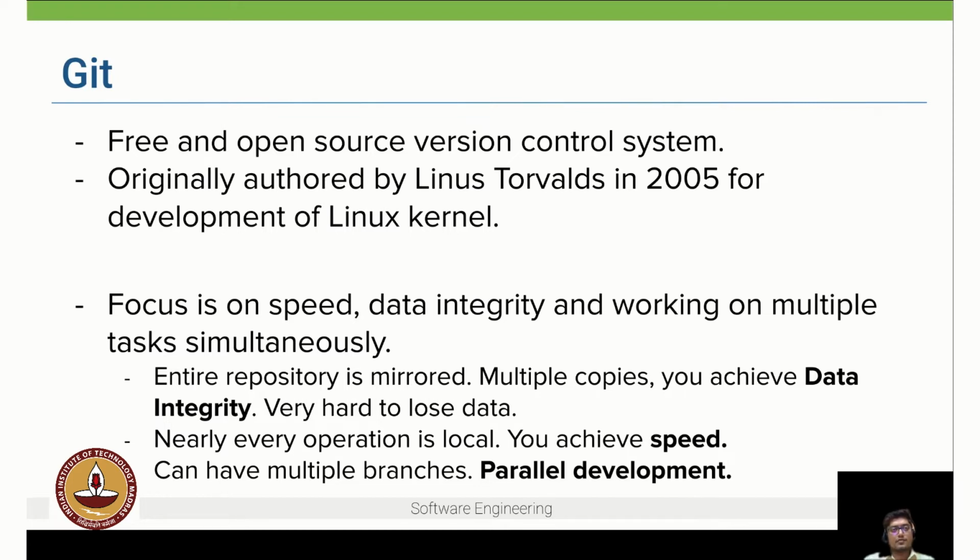So for example, if you want to check some previous change and who did that, you don't have to talk to the server for these small operations. Hence you achieve speed. And we'll see later that Git supports multiple branches, as do other version control systems, so they provide parallel development.